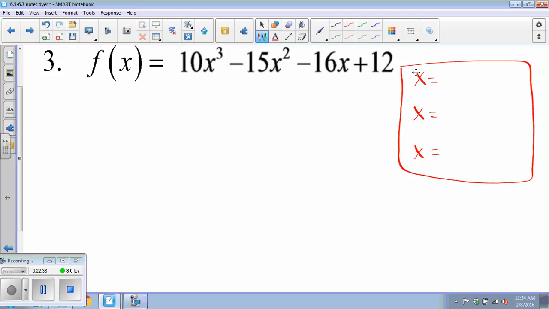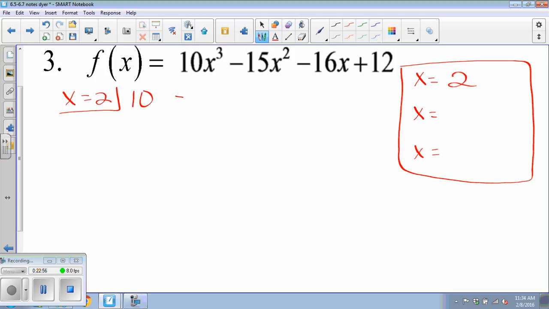Okay, so my first one, when I look at my calculator, my easy solution is x equals 2, and that's the only one I have. But that's okay, because when I divide by that, I'm going to end up with a quadratic that I can factor. And so x equals 2 is my first solution.